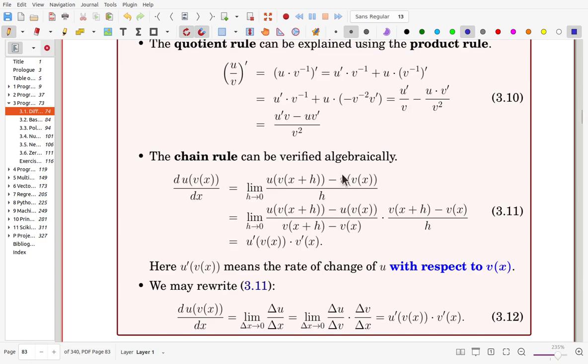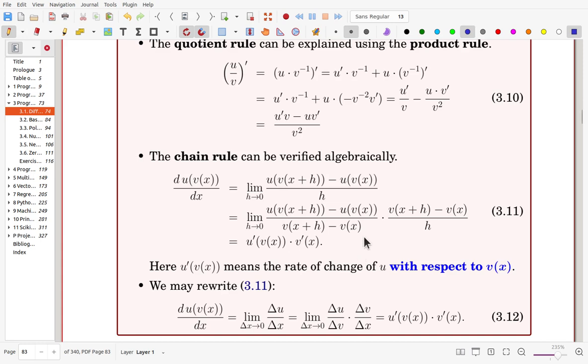Now for the chain rule, we can verify it algebraically in this way. Here, by definition, we have this one, and we are trying to put in this term and that term, so that if you try to cancel, then it'll become that one. So it's the same. And for each one, we try to take a limit, and we can get such one.